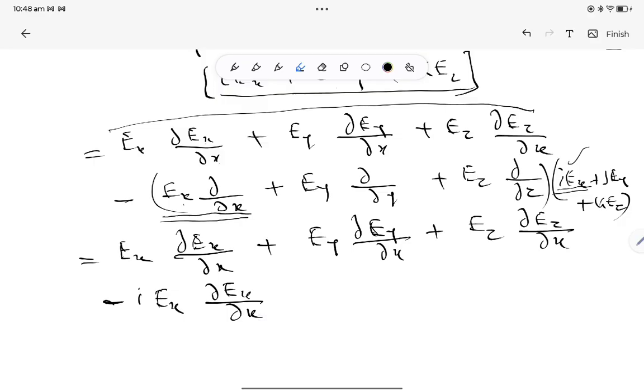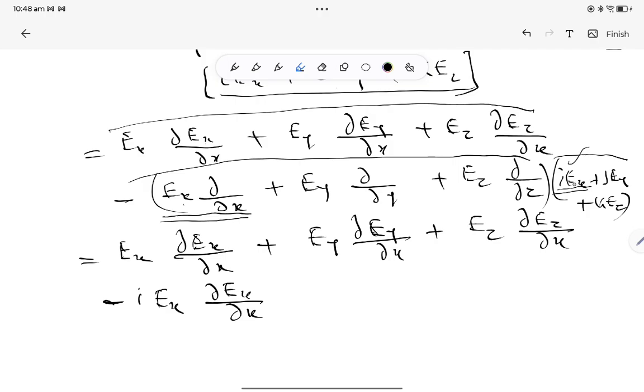Since we are interested only in x components, we need to look here between this operator and this. Look only for those terms which are in x direction.